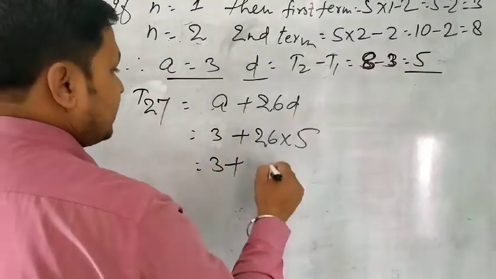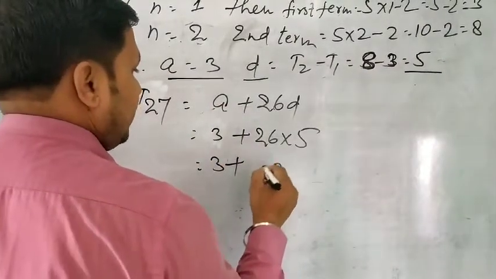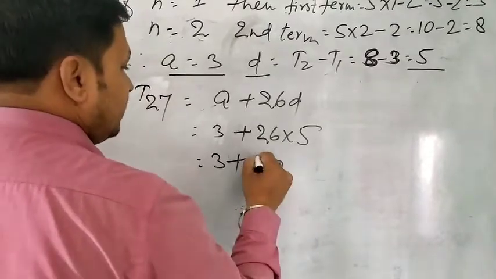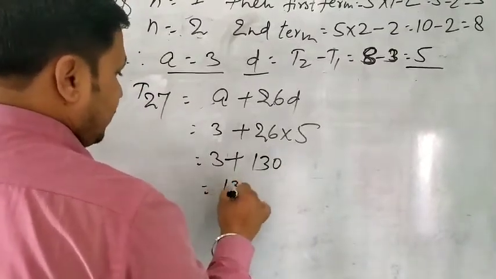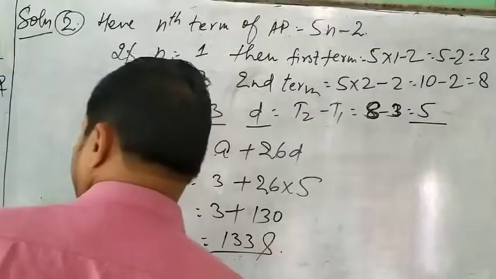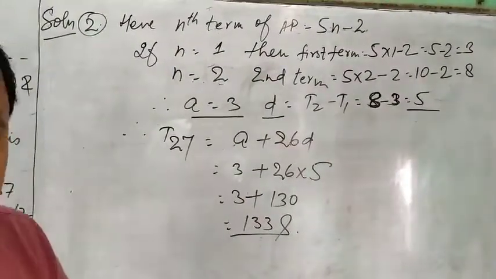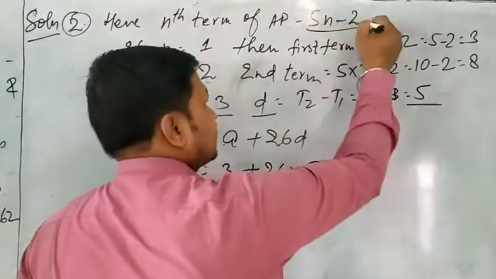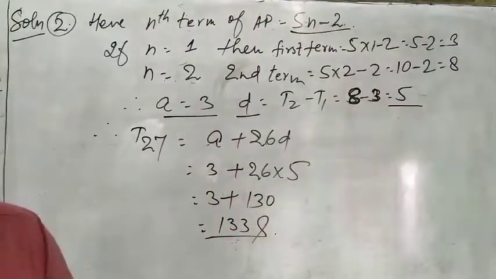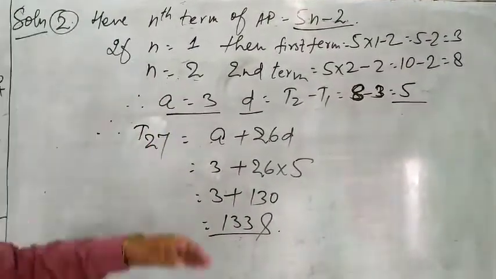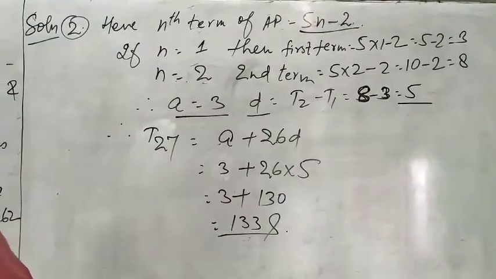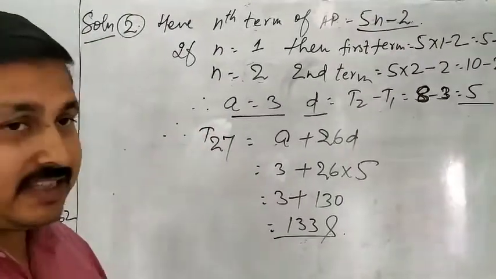So 3 plus 130, that means 133. You got the result of your second question. If the nth term of an AP is given like 5n minus 2 or 4n plus 1, you get your result in this way. Okay? And you solve like this.